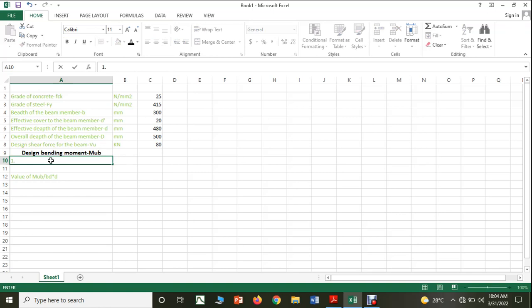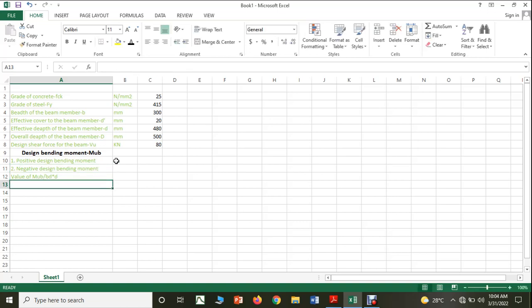Positive design bending moment, and the second one will be negative design bending moment.